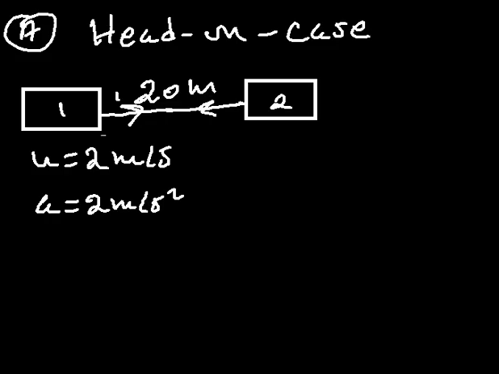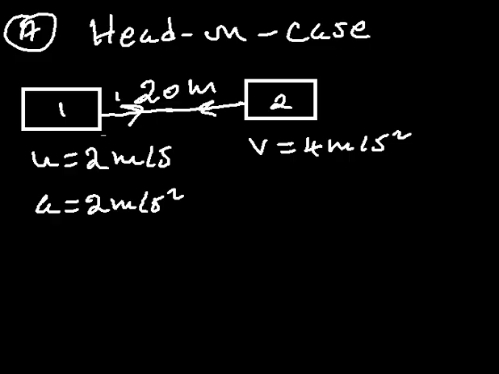And let's say object 2 is moving at a constant speed of 4 meters per second. So how do you think we should analyze this one?